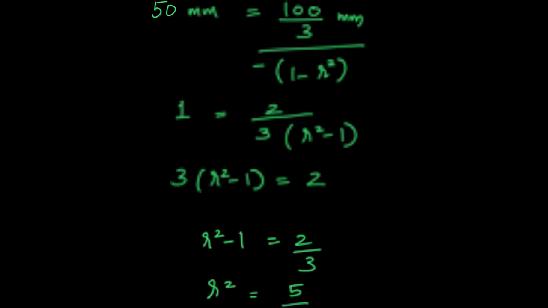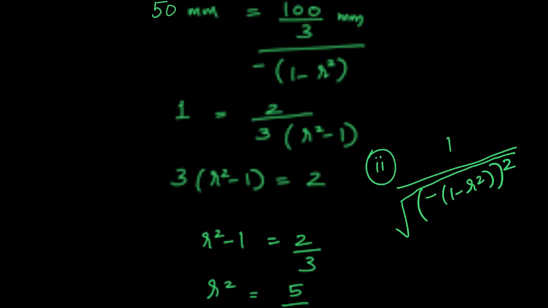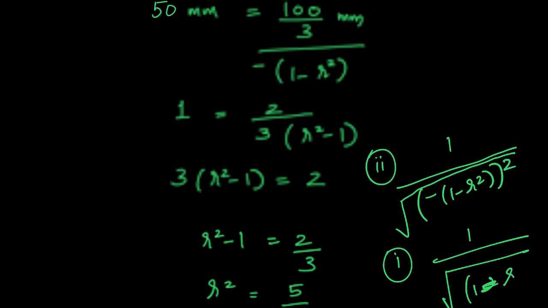This is also true because in the denominator, if that whole term is minus of 1 minus r square, then you are taking the square root of this whole thing squared. So both, let's say this is case 2 and this is case 1, where we have just 1 minus r square whole square root. In both these cases the end result will be the same. So this is another value of r square which will satisfy all the conditions for this particular problem.